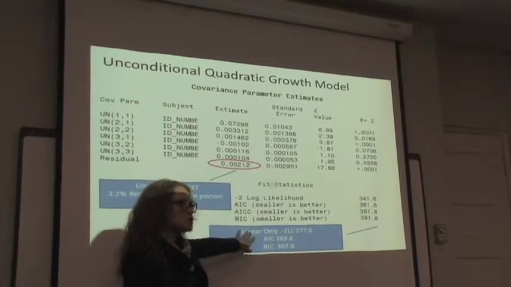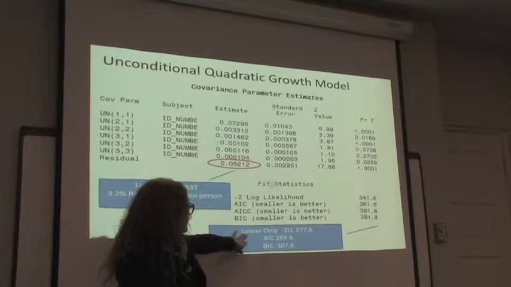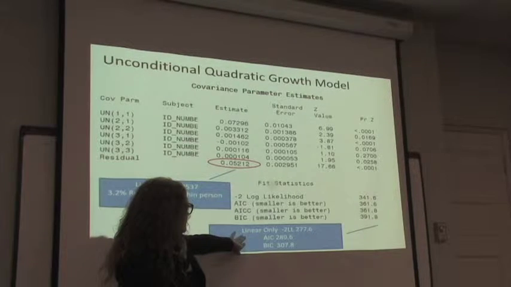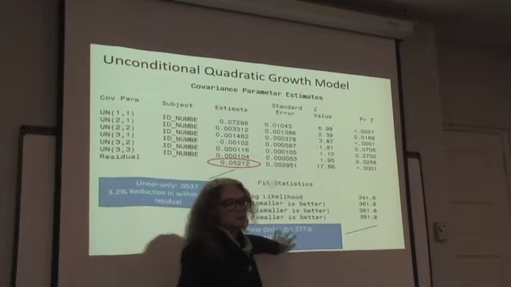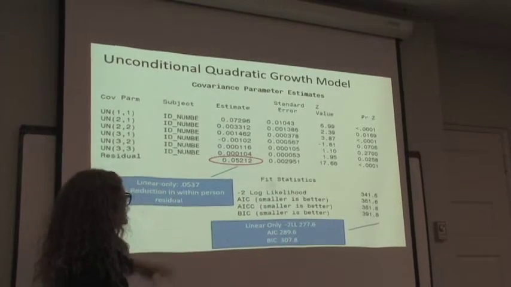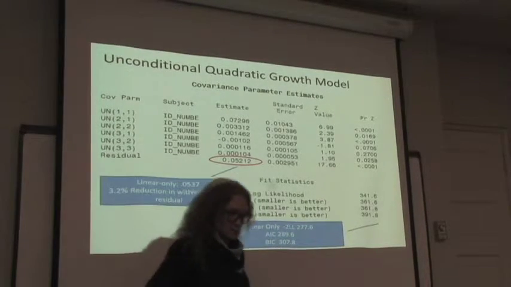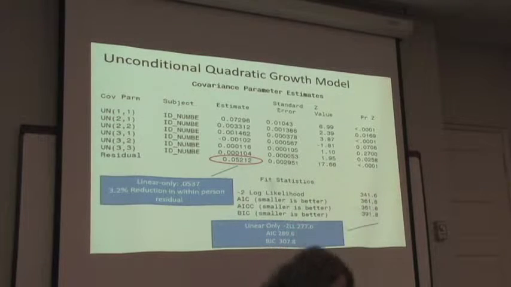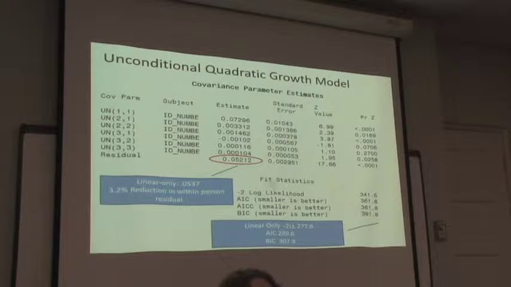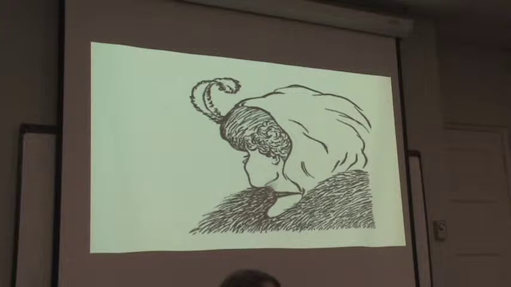Sorry, well, yeah, linear unconditional growth model. So these are better, right? This is not so exciting. So the answer is no, not really. Like, we can't really just make it a quadratic model and be done with it.